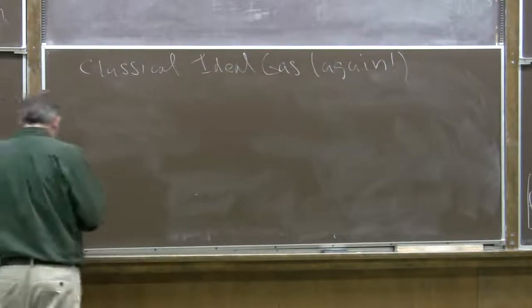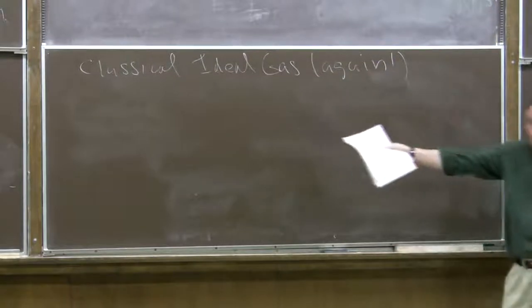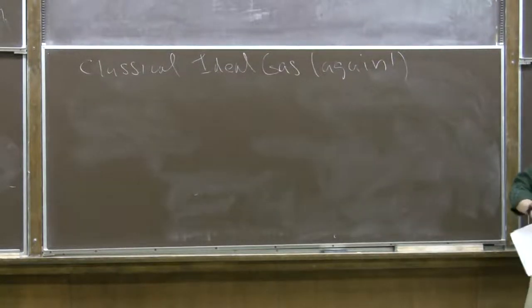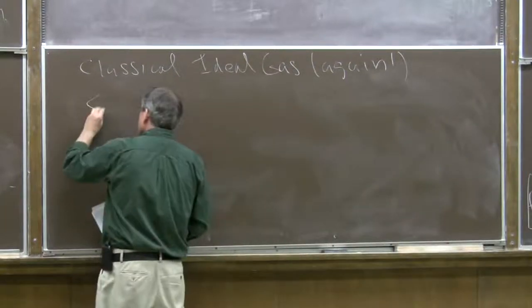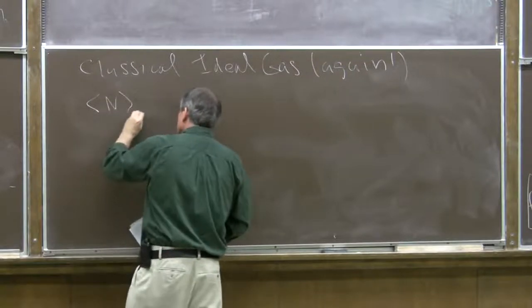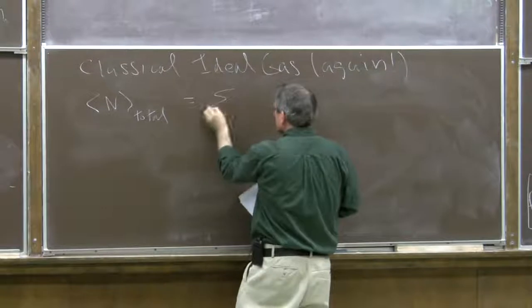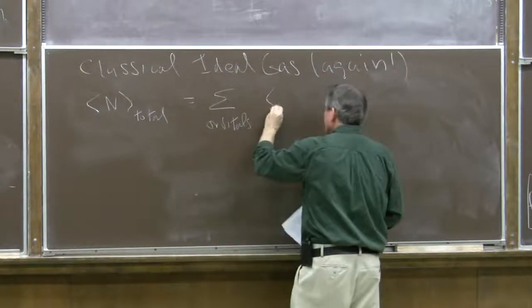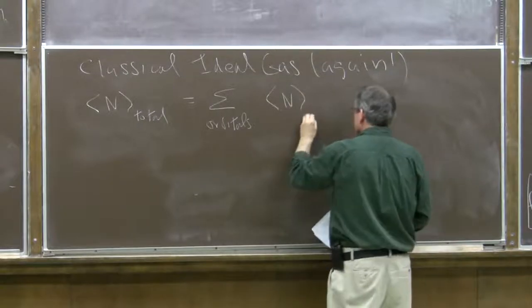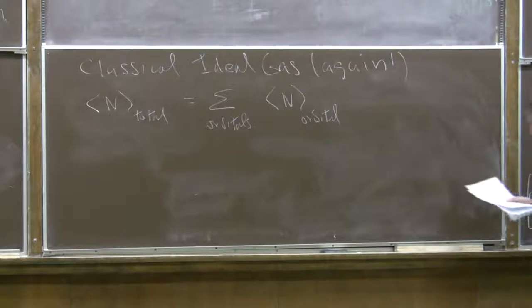Well, now I want to consider the total number of particles by summing over the orbitals and summing up the expected number of particles in each orbital, right? So this will be the expected number for the total. So now I sum over orbitals and give the expected number of particles in that orbital to find the expectation value for the total number of particles.